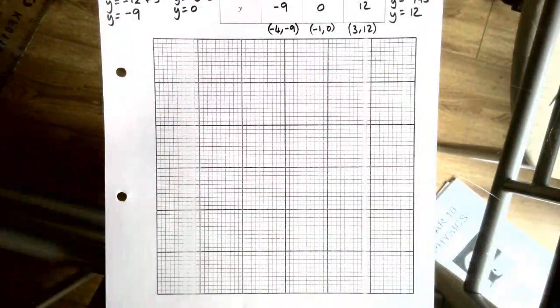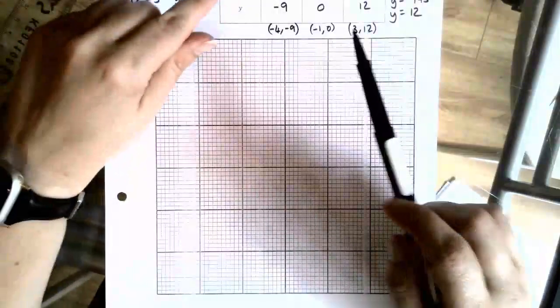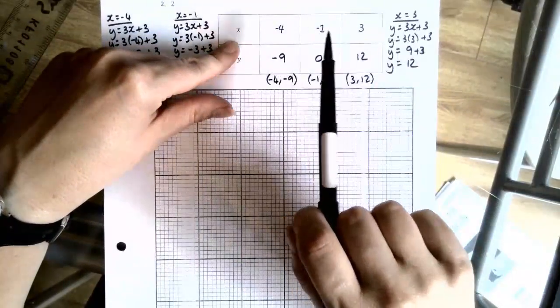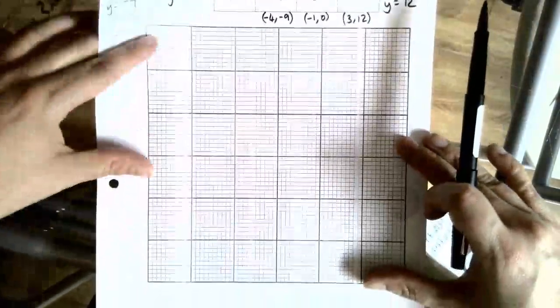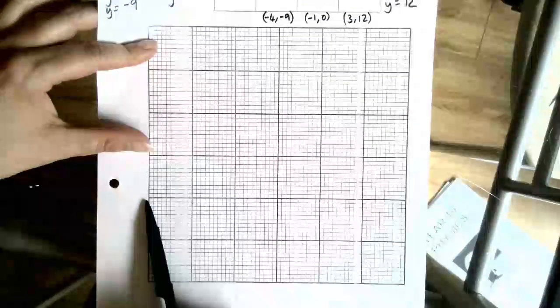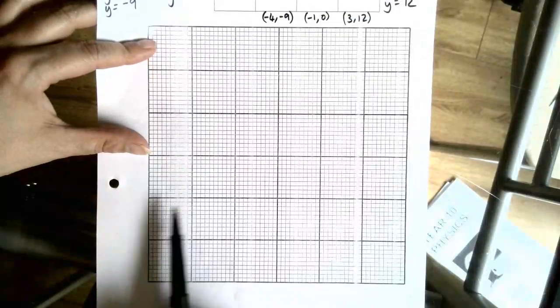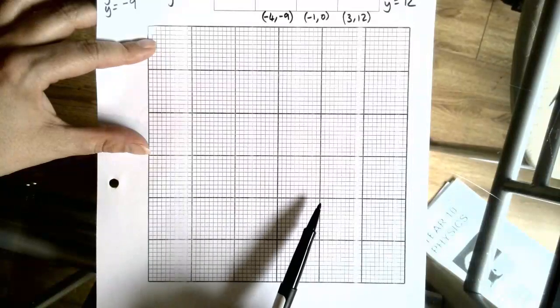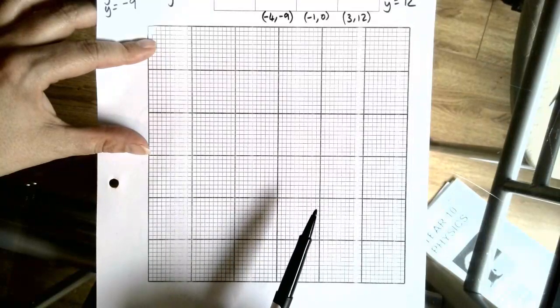Okay, so these aren't the easiest scales to work out, but let's look at our x-axis. We need to go from minus 4 to 3. So if I was to start here at minus 4, and let's say we did 2 for every square, that would be minus 4, minus 2, 0, 2, 4. So that is going to fit, but can I make it any bigger than that?